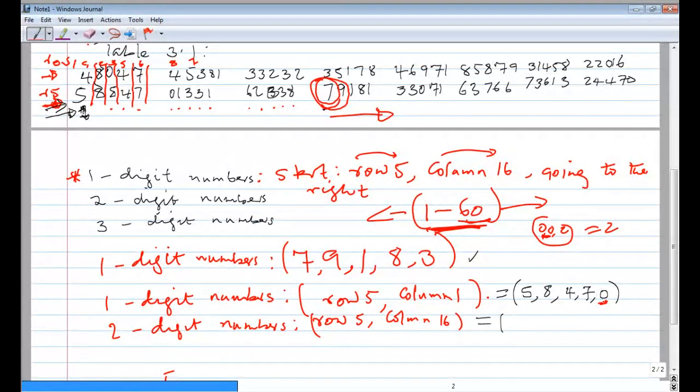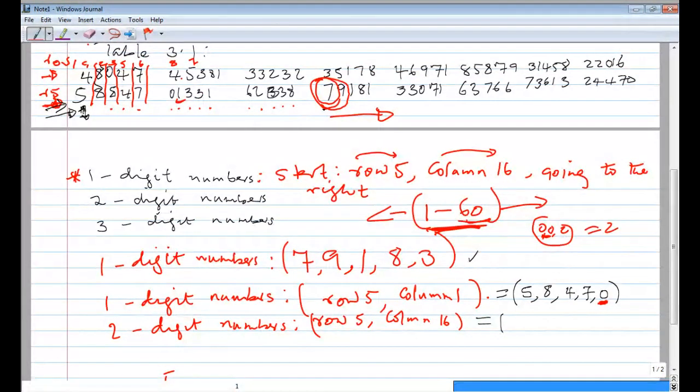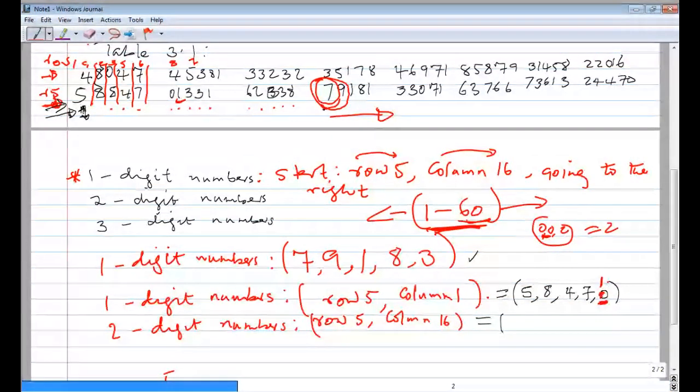So here, I think we're supposed to remove that 0 and replace it with 1, isn't it? Yes, 0 is not supposed to be there. So this is 1 here instead of 0, because we are looking for those values that are between 1 and 60. Sorry.